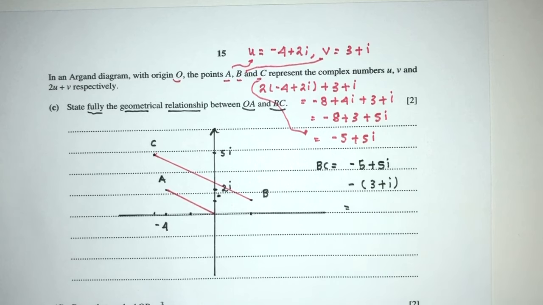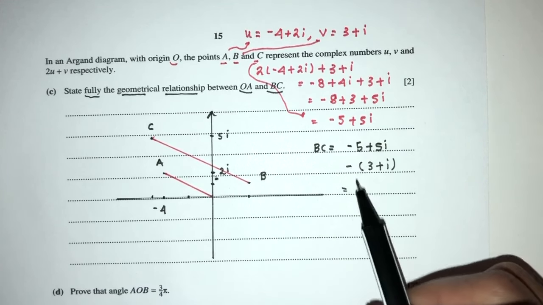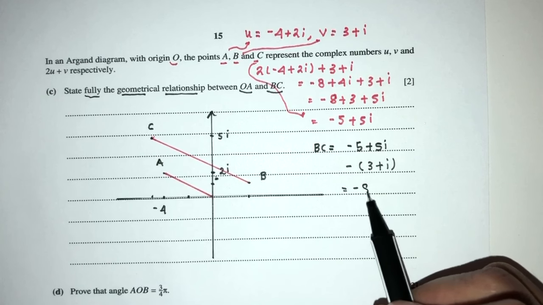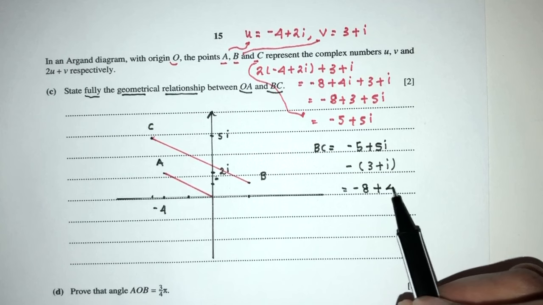We never know if it is exactly parallel or not, so we want to confirm using calculation. So we have minus 5 minus 3, that should be minus 8, plus 5i minus i, that should be plus 4i.